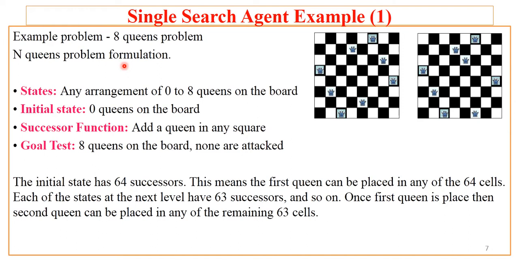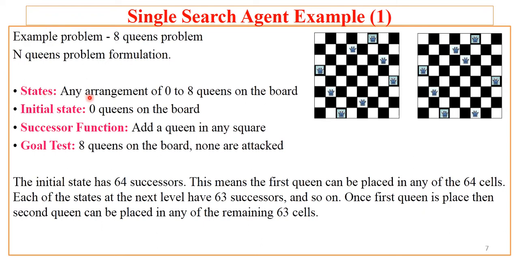That is to formulate this as a 4-tuple. That means it should have a set of states, an initial state S0, some action plan A, and a set of goal states G. So what are these states?